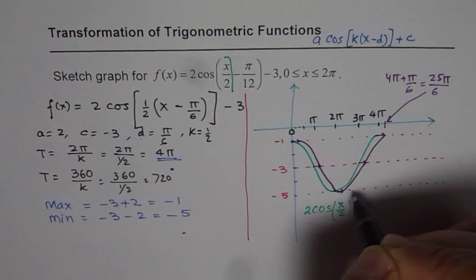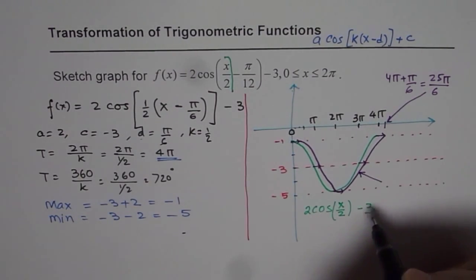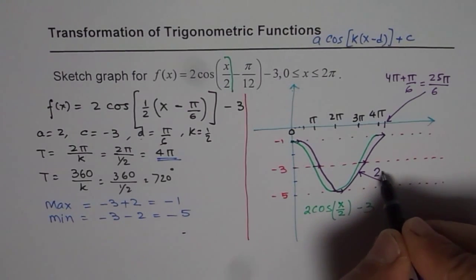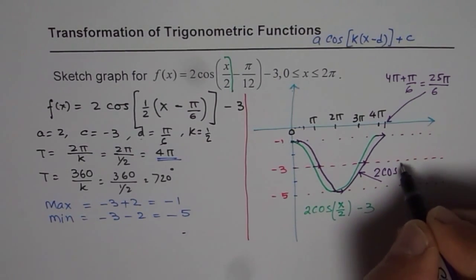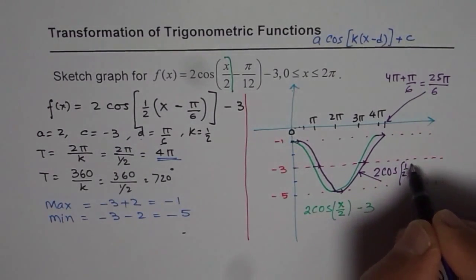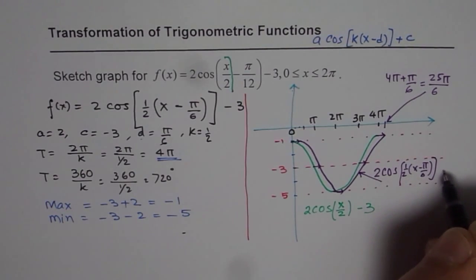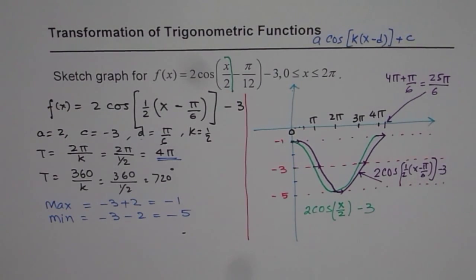Do you see that? This function. So this is for us the given function, which is 2 cos, I can write as I wrote here, half x minus pi by 6, minus 3. Do you see that?